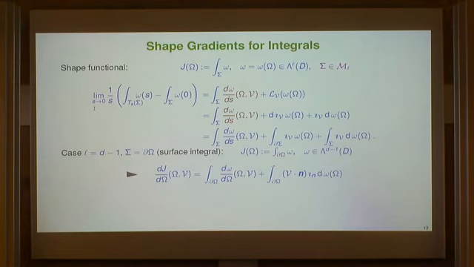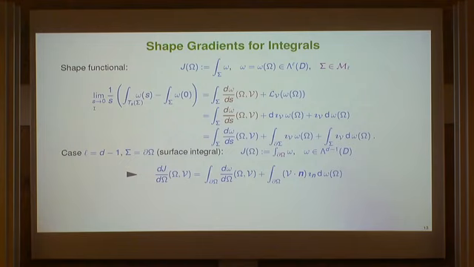On the right of the variational formulation, we had this surface integral. Now let's look at this case. Now we are on a D minus 1 dimensional surface. This is the boundary of the domain. And we integrate the D minus 1 form. And we use the formula again.